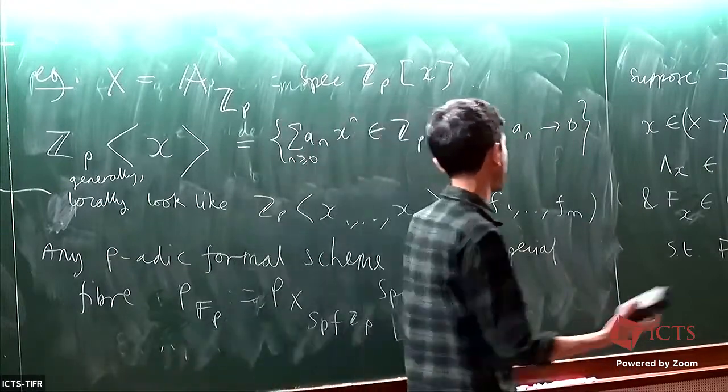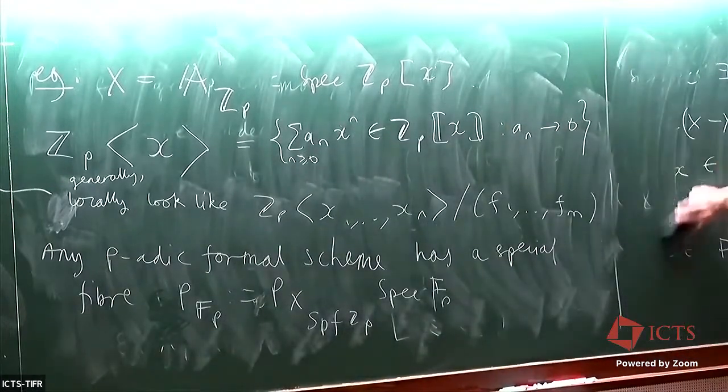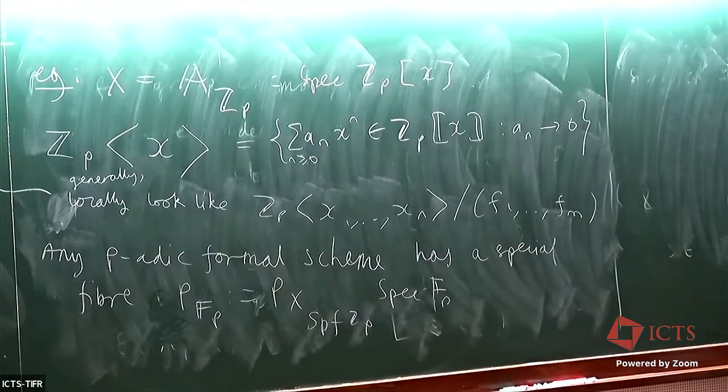And then a nice thing about p-adic formal schemes, which will relate it to the theory that has come up in some of the other talks, is that it also has a generic fiber.